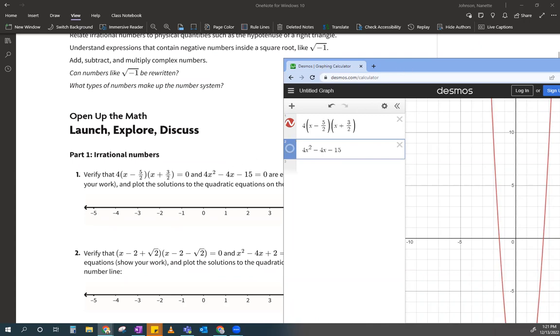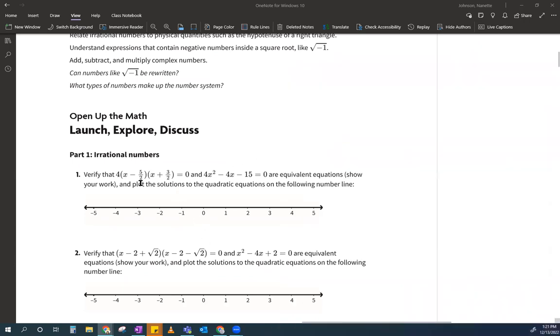That's the fastest way for me to verify that these two are the same. Okay, let's move that out of the way. What's another way that I could prove that these two are the same? What could I do? Very good. Someone said, hey, Ms. Johnson, can we multiply these out just like you did before? Yes, we can. Can you imagine me drawing a box, putting x minus 5 halves and x plus 3 halves, and filling in that box?